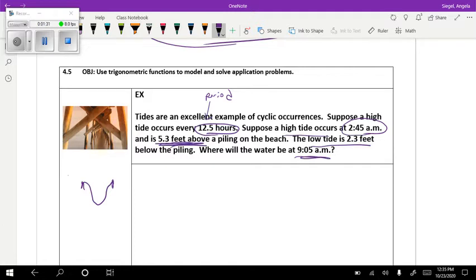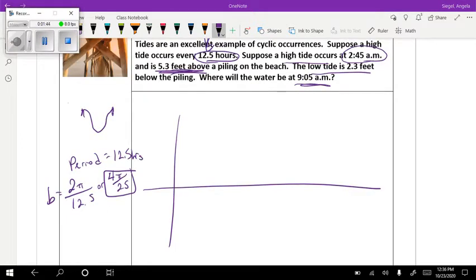So we have these pieces of information, and the first thing that's jumping out at me is the period. I'm going to create a graph based on what we've learned so far. I'm starting here, and I'm going to eventually write an equation.